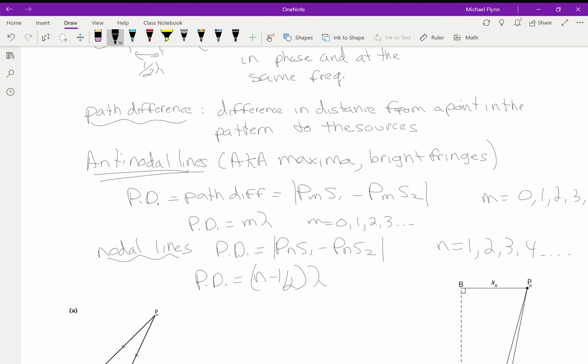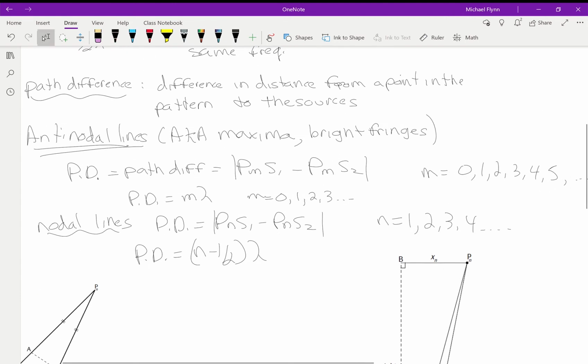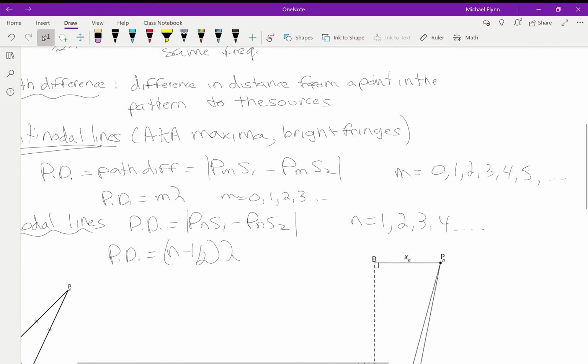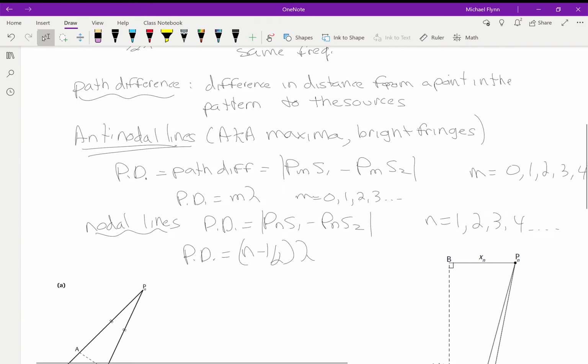So if n is 1, you get half of a wavelength. If n is 2, you get 1.5. If n is 3, you get 2.5, and so on. This is a condition for destructive interference. So we call these dark lines nodal lines.